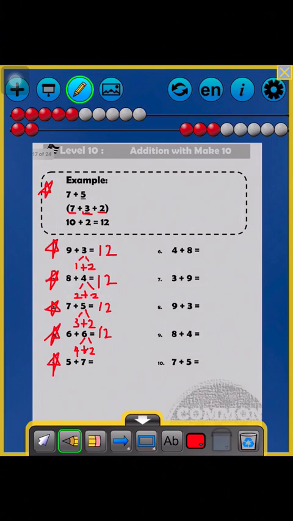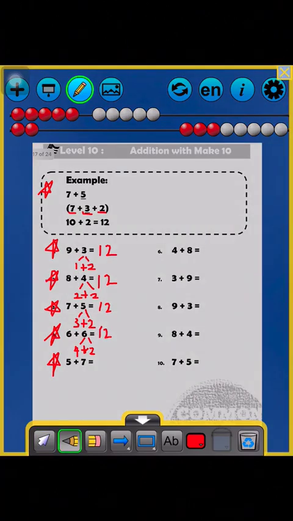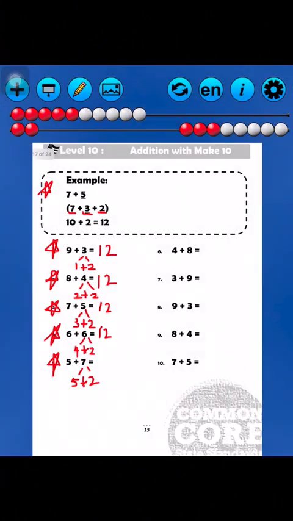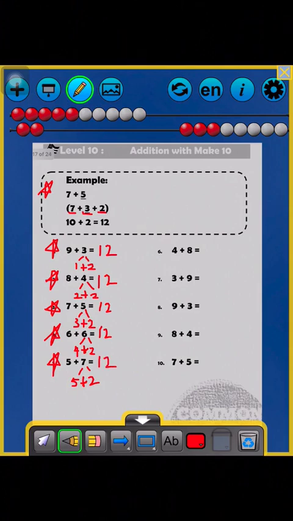And then we have 5 plus 7. 5 plus 5 equals to 10. So we may take away 5 from 7 and give it to 5. So we have 5 plus 5 plus 2 to form 10 and 2, 12. And then we have 4 plus 8.